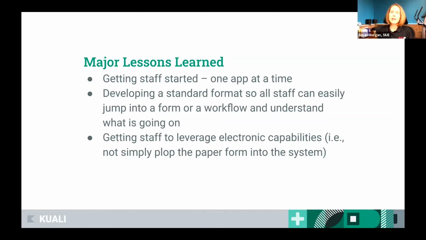When you're changing systems, think about whether you really need that information and how you can improve your processes. It's that basic shift from what you're asking on paper that you don't need to ask in an electronic system. Those have been some of my major lessons learned through our process.